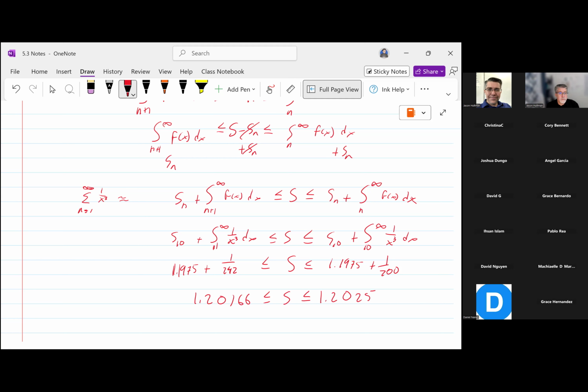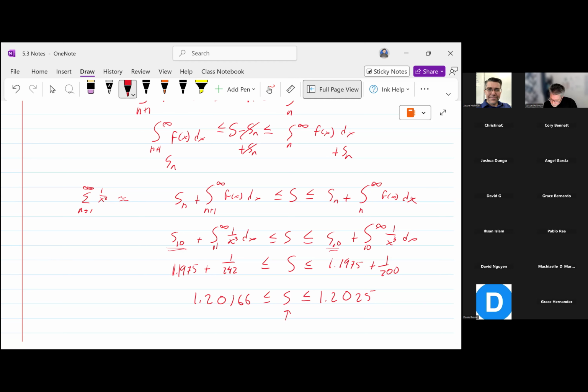So we know that the true sum of this, we don't really know what it is, but we can get to whatever decimal place accuracy we want by taking higher and higher values of partial sums and then doing these integrals. We could really hone in on what that true sum is. We know it converges. Now we have a way to get an approximate value for a convergent series. So we know it's somewhere between these two.